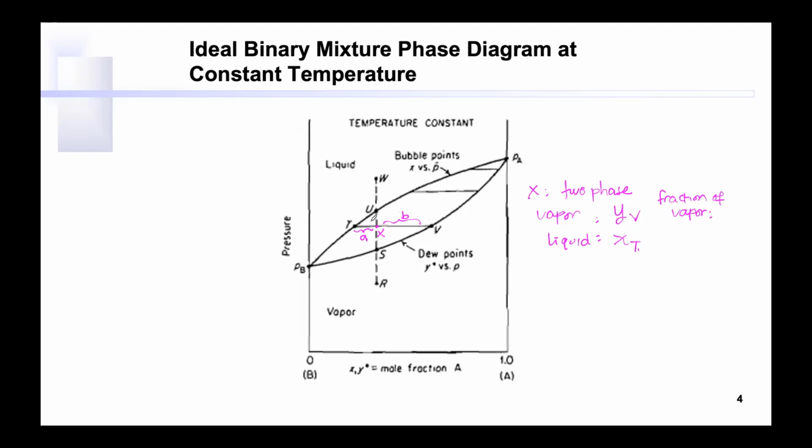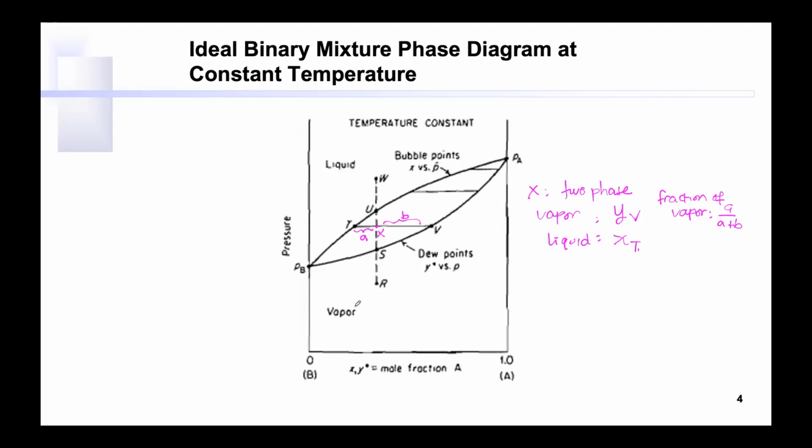That means A divided by A plus B. And then the fraction of liquid would be 1 minus this, or B divided by A plus B.